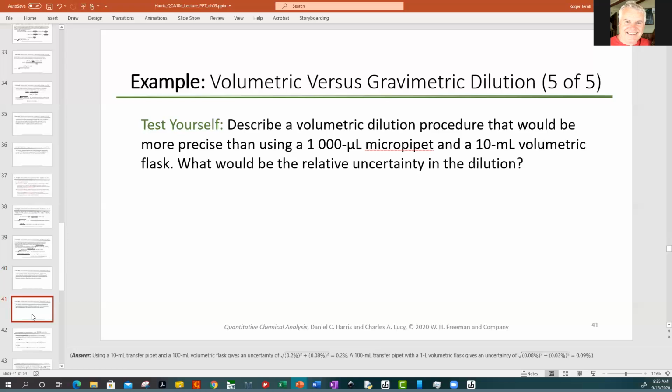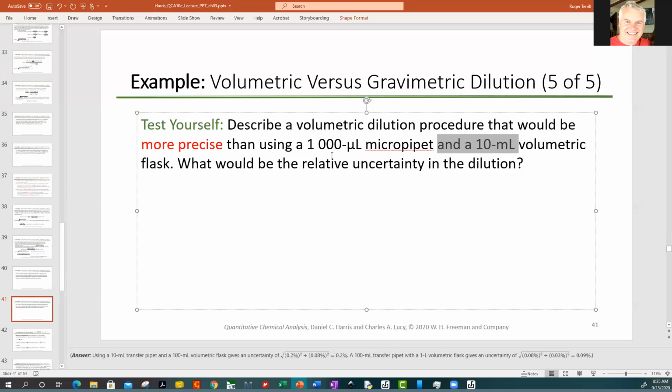So in this case, okay, this is a slightly different problem. We're trying to describe a volumetric dilution that would be more precise than using a 1,000 microliter micropipette and a 10 ml vol flask.